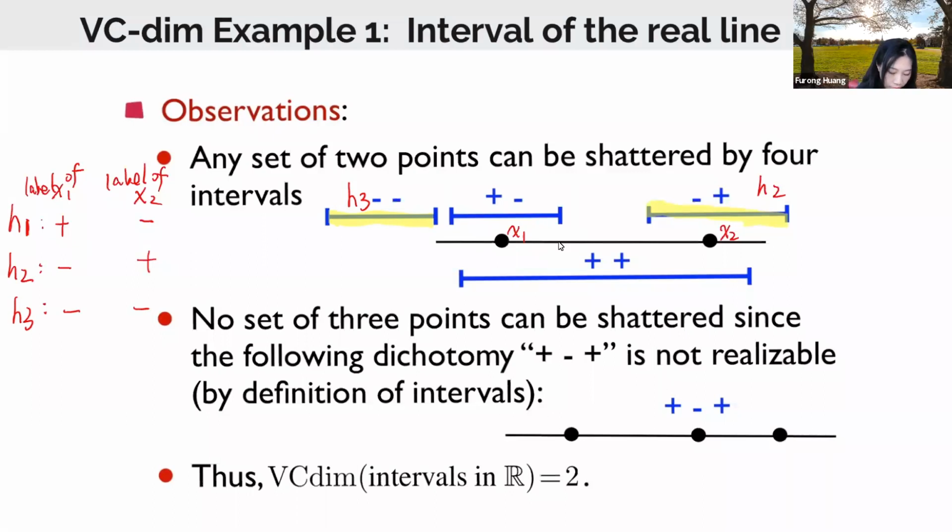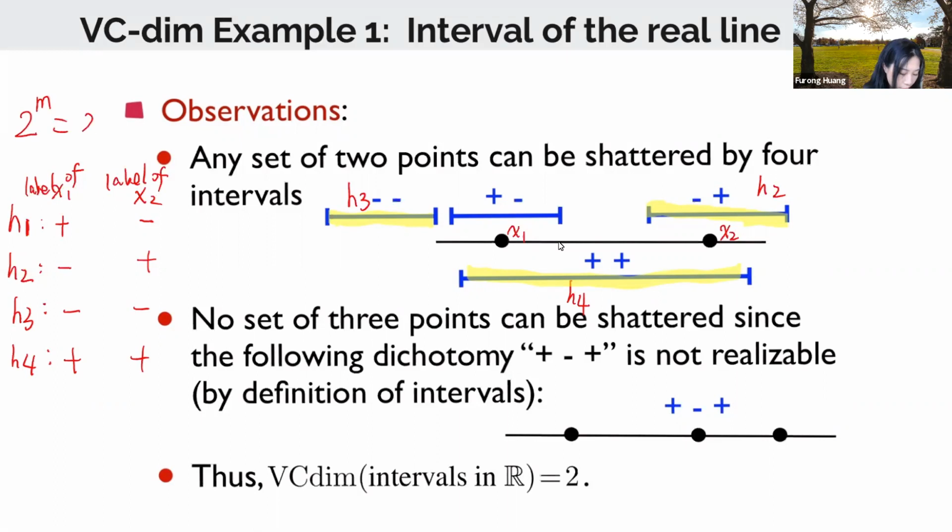Well, now you very obviously see where I'm going. H4. Now this H4 is going to label these 2 points as +1 and +1. So what this means is, how many ways can you label x1 and x2 since your m is 2 here? 2 to the power m, right?